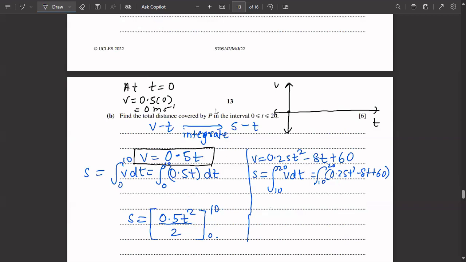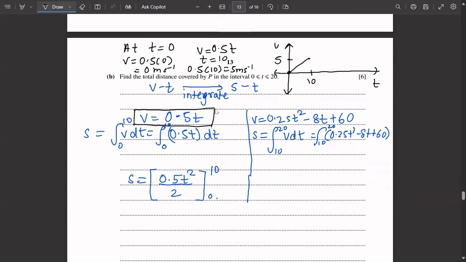So the graph will start from this point, and at time 10 seconds, v equals 0.5 into 10, which is 5 meter per second. So this is 10 seconds, and we get 5 meter per second.